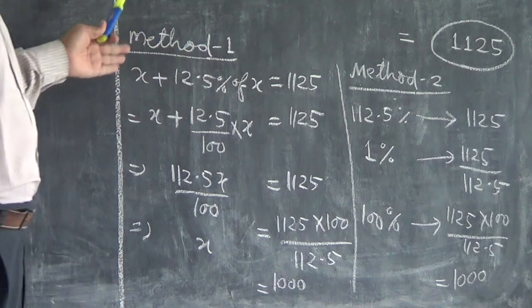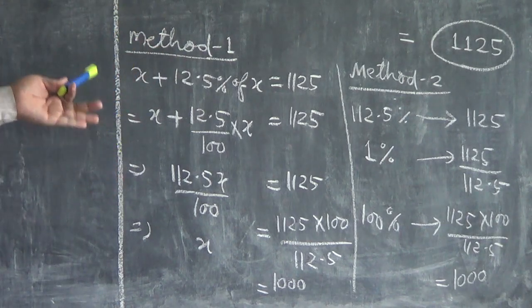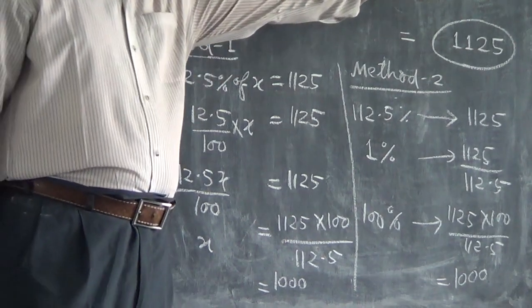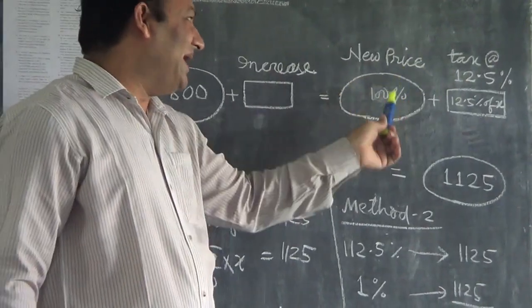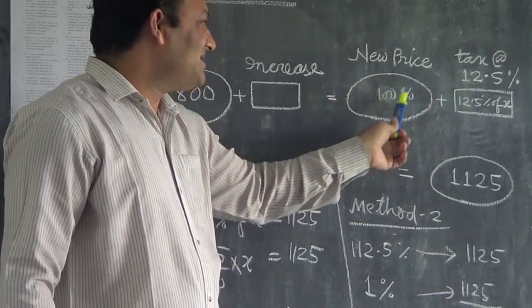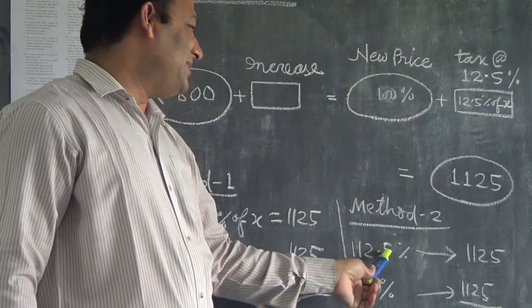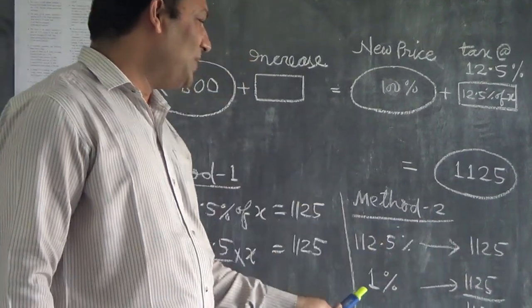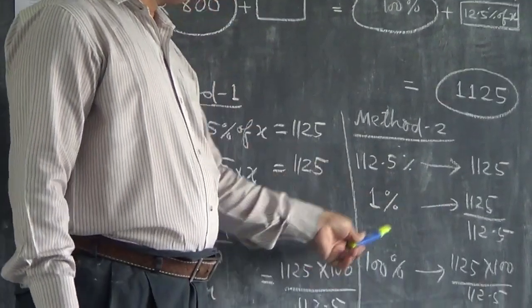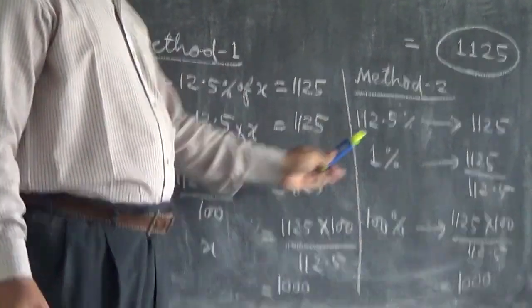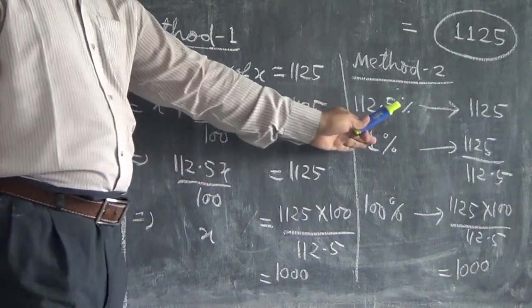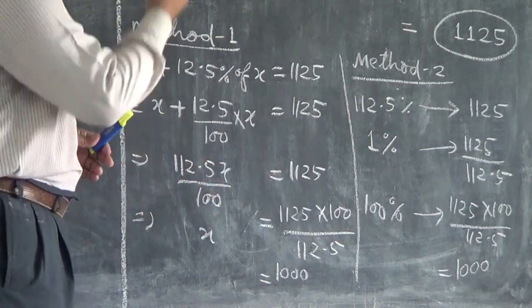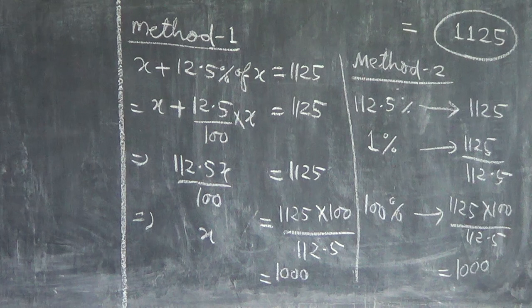So whichever method you do, both the methods are the same. Here tax is to be added. That is why 112.5% is equal to 1125. 1% how much? 100% how much? Whichever method you are comfortable with, you can do that. And now I will write here our new price. I will fill this place.